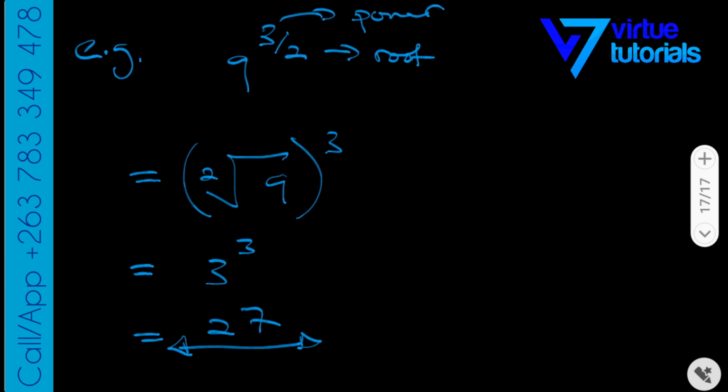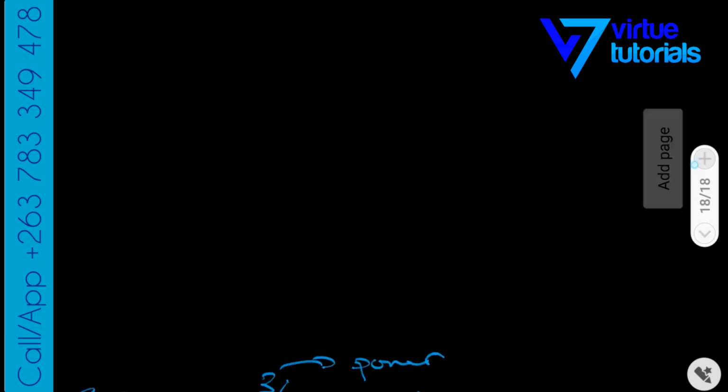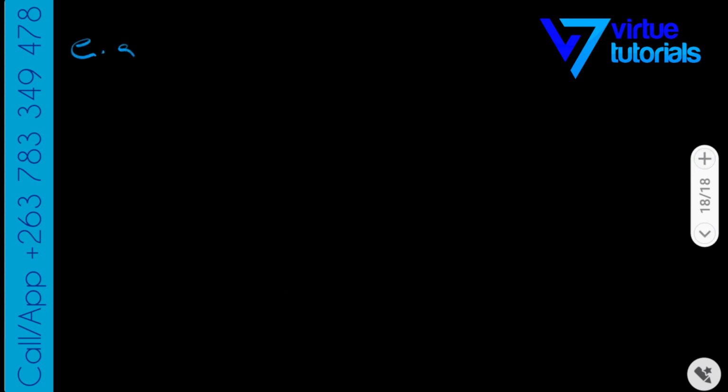So let me just do 2 examples to help you navigate through questions. So let's say I have something like 64 to the power minus 2 over 3. Now here we have 2 things. Number 1, we have a negative sign, which means invert.